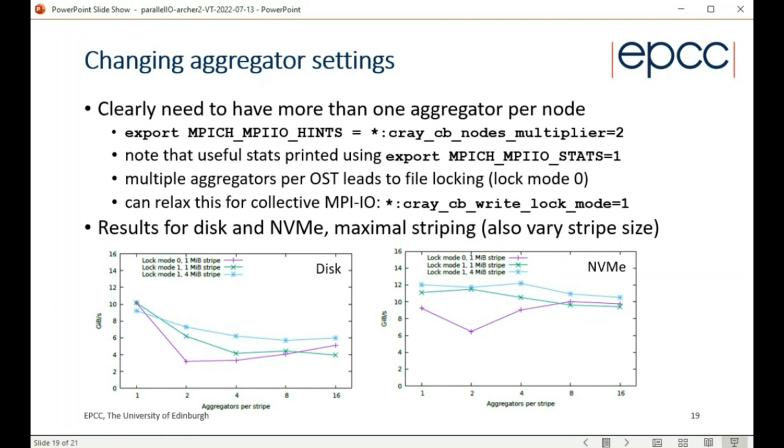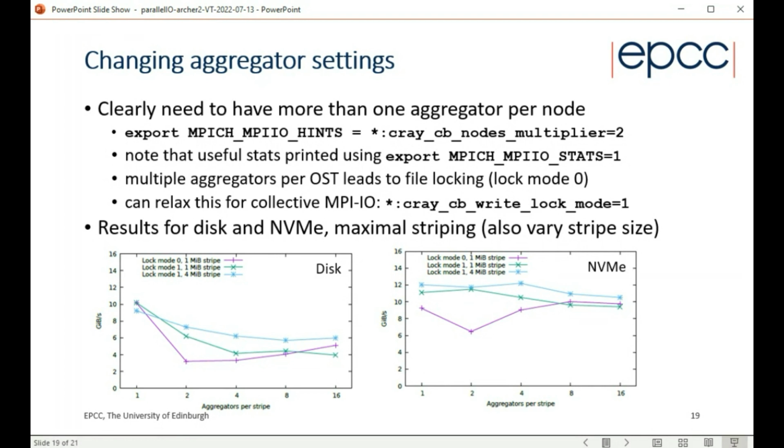I think the point is that the bandwidth of memory, the bandwidth of internal Slingshot network is so much higher than the bandwidth of the disks that you don't see these effects. So I did look at that and I saw no effect on that.